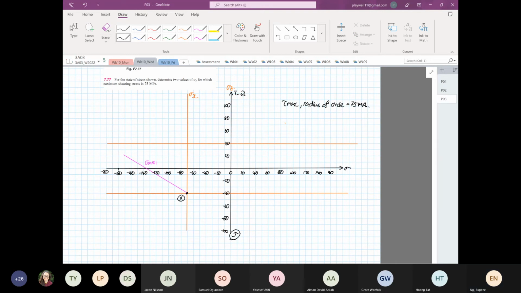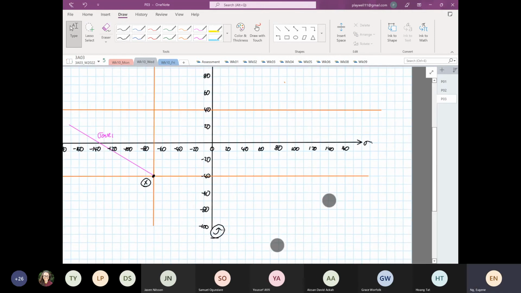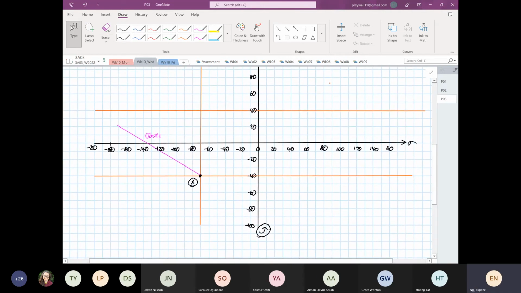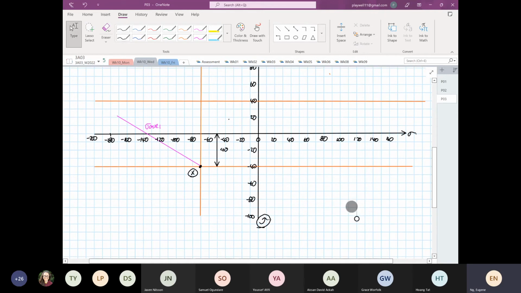Okay. So we are going to find our stress average one. What we know is the height from here to here is 40. And we know that the radius is 75, right? So we want to find the stress average one.